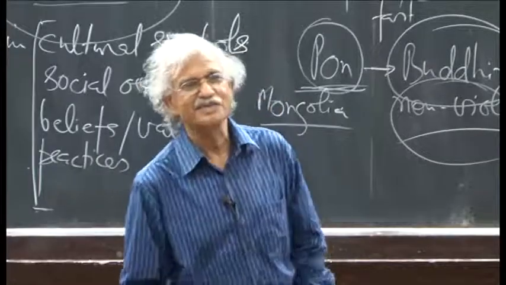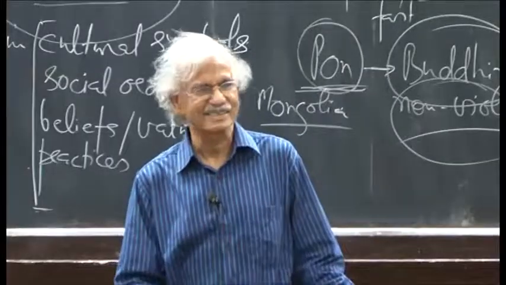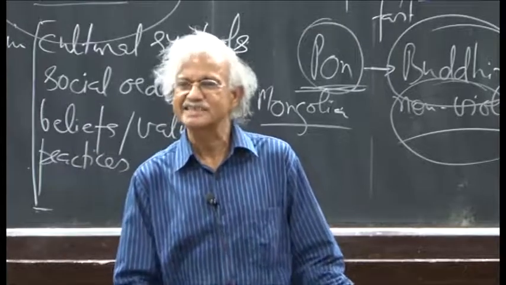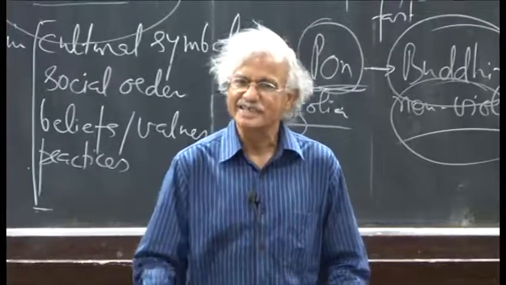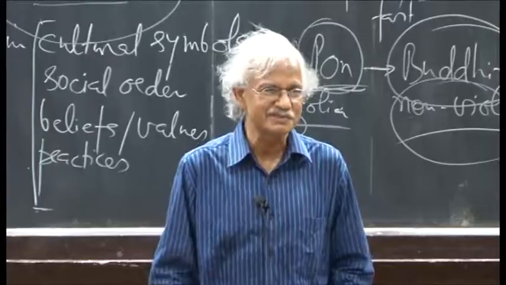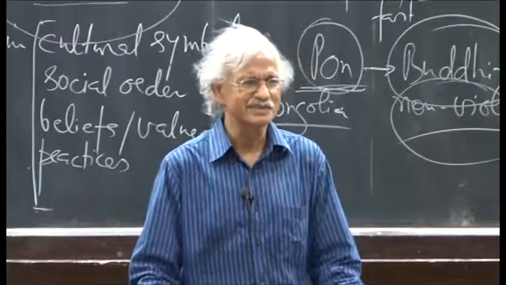And Dr. Ambedkar took the position that Buddhism is the most rational religion, and Buddha was the most rational religious authority. Dr. Ambedkar also said that if there is something irrational in Buddhism, take it out. It's not the real Buddhism.